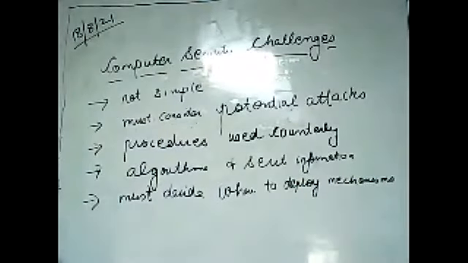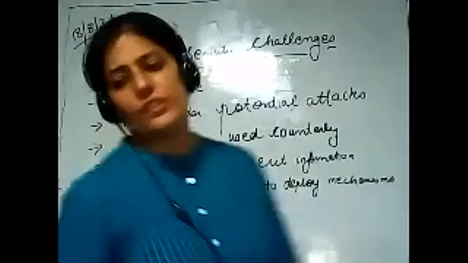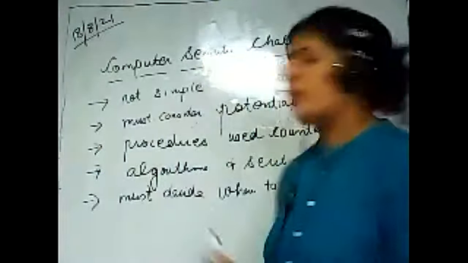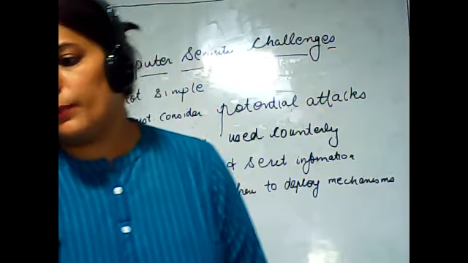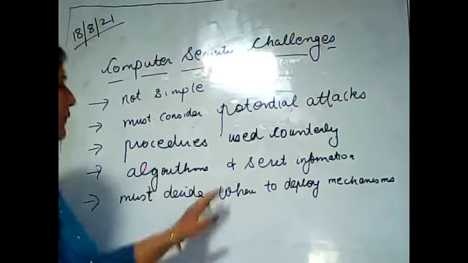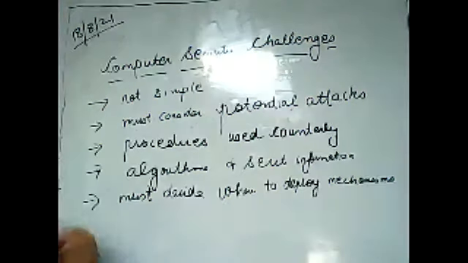It must decide which mechanism should be deployed at which time. So this is also one of the challenges. Sometimes these decisions are very difficult to make, that is, at which particular part we need to deploy that particular mechanism. Right?